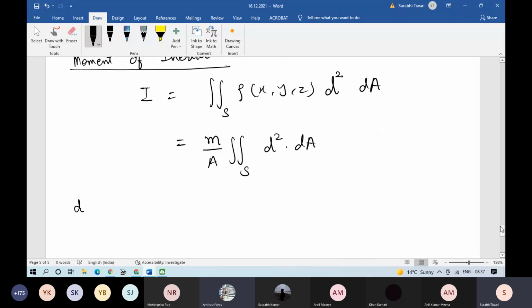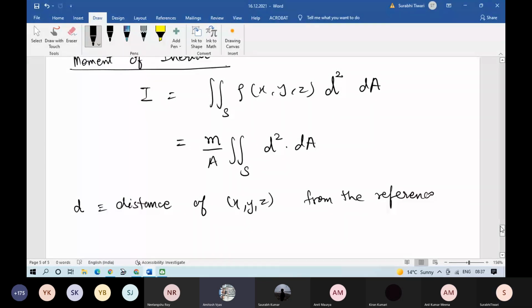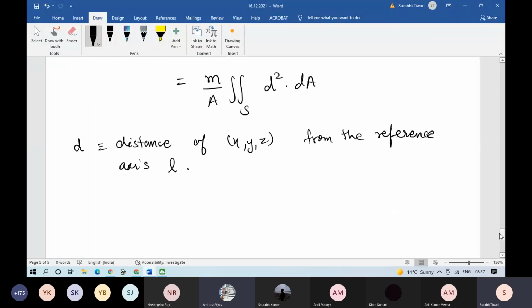D is the distance of this point (x,y,z) from the reference axis L. जो भी आप एक्सेस ले रहे हो उससे पॉइंट का डिस्टेंस.